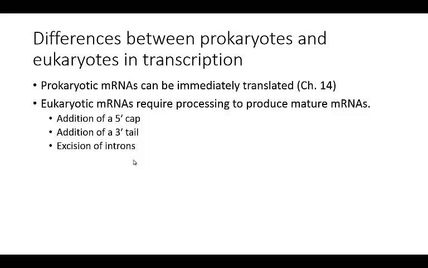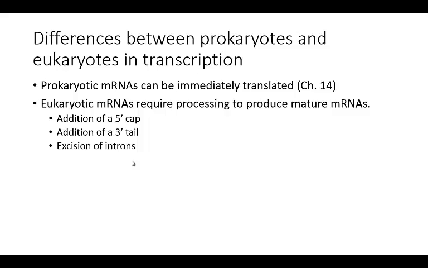There are some more differences between prokaryotes and eukaryotes in transcription. In a prokaryote there is no nucleus, so any mRNAs that are made can be immediately translated. We're going to talk more about that in chapter 14. Eukaryotes, though, because there is a nucleus, it's a lot more complicated.